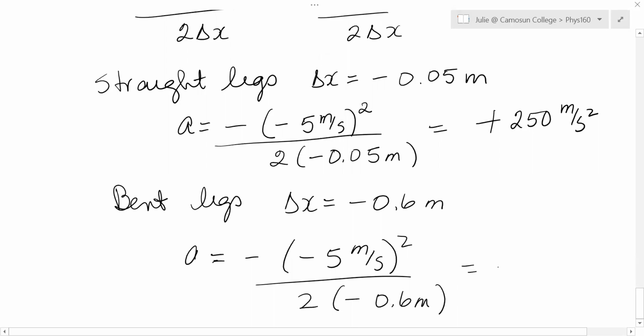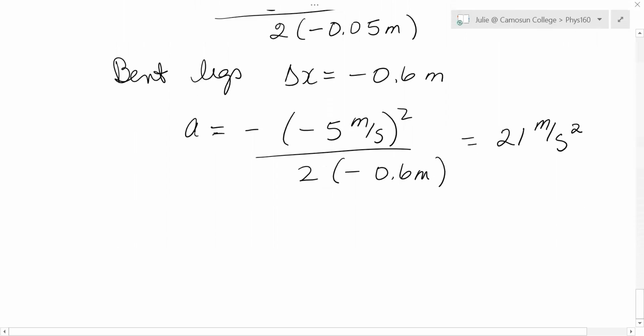Or you make the number on the bottom bigger, you make the number on top smaller. So this is only 21. Still pretty big though. So it's still pretty tough on your body to bring yourself to rest, having fallen, so your speed just before you hit is 5 meters per second.